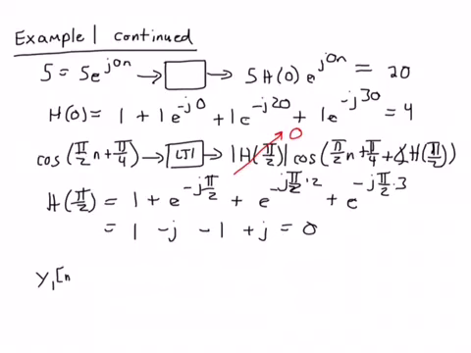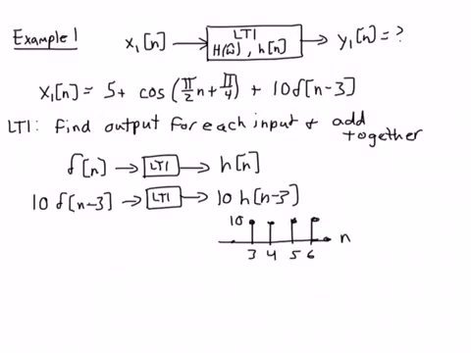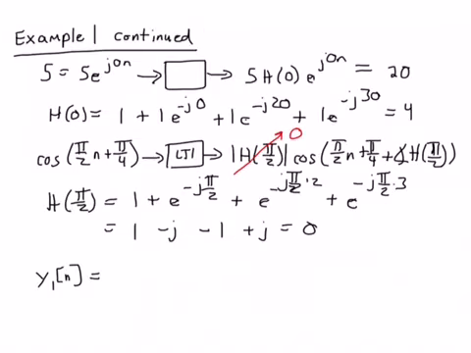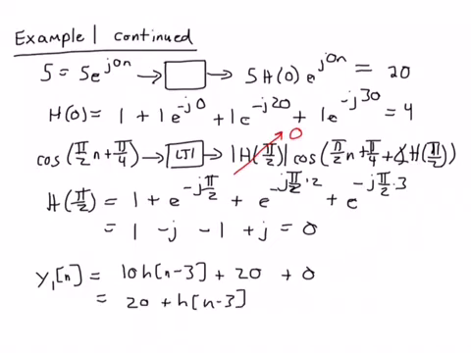So we can write our total answer now. y1 of n is going to be equal to 10 h of n minus 3, plus the 20, and then plus the 0. Okay, so that's really 20 plus 10 h of n minus 3, which we could easily do a sketch of if we wanted to.